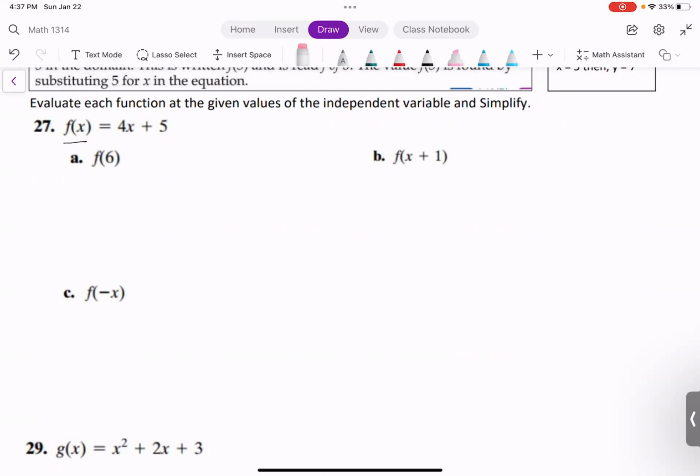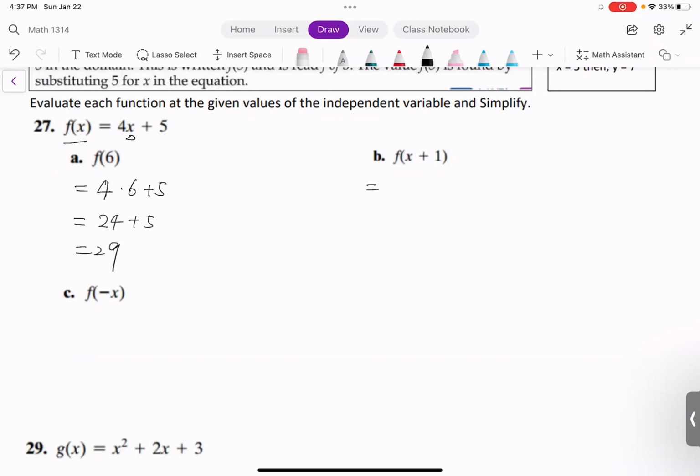So f of x equals 4x plus 5. We are looking for f of 6. That means the input is 6. All the x need to be replaced by 6. 4 times 6 plus 5 is 24 plus 5 is 29.